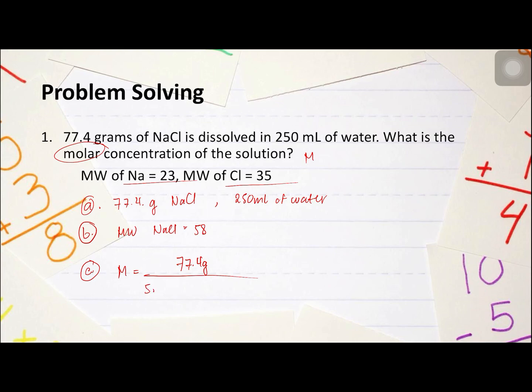You have 58 grams times, okay, so we do not use 250 milliliters of water because our formula demands liters of solution. And in that case, we simply have to convert 250 ml to liters of solution, which makes it simply 0.250 liters. You input that in your scientific calculator and you have your answer.